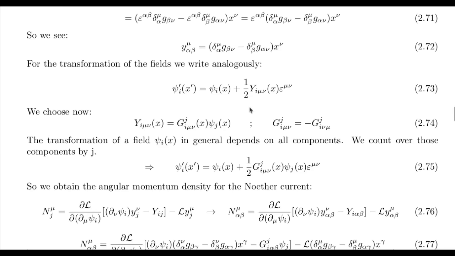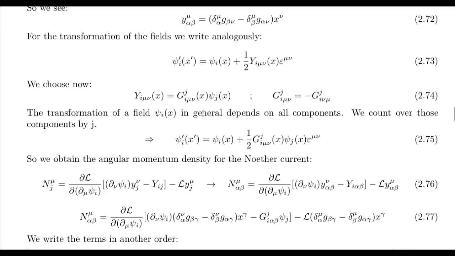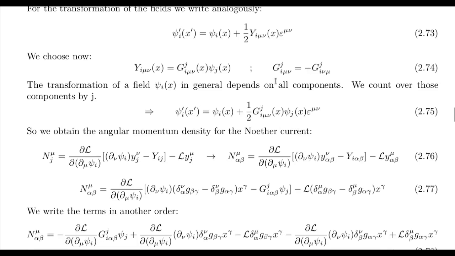So, and now here we choose the y as the product of another G matrix and the psi fields here. And of course we have here antisymmetry in the 2 indices mu and nu.